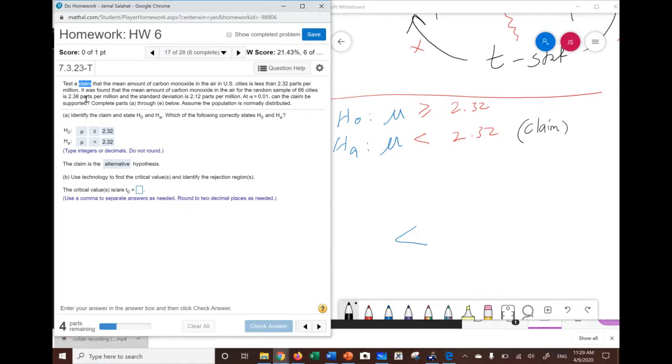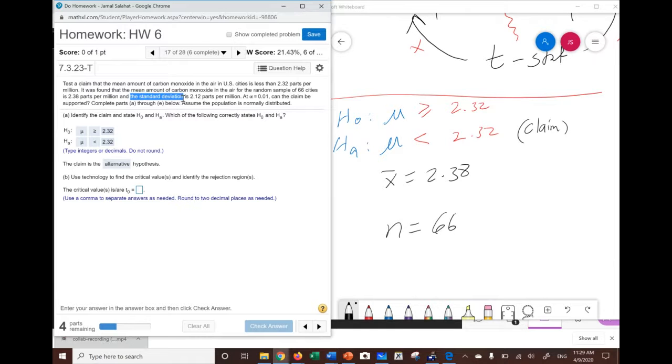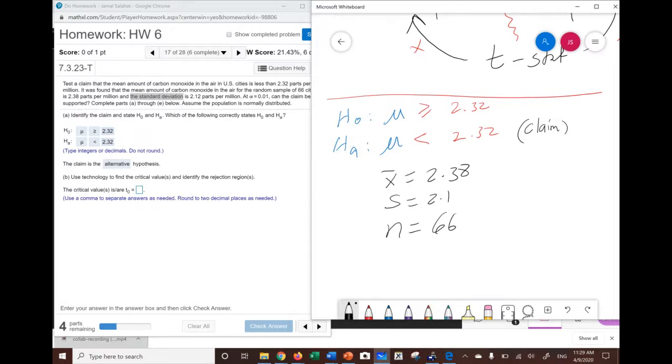So they tell us the sample size is 66 cities, and the sample mean, which is X bar, is 2.38. And remember, the standard deviation is missing. They are not talking about population standard deviation because there is no population here. They're talking about the sample standard deviation, which is 2.12.